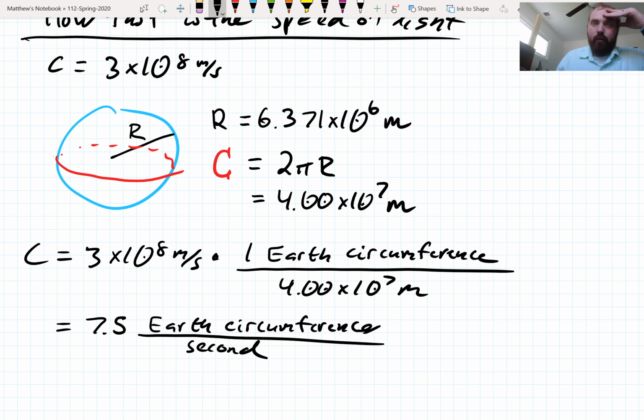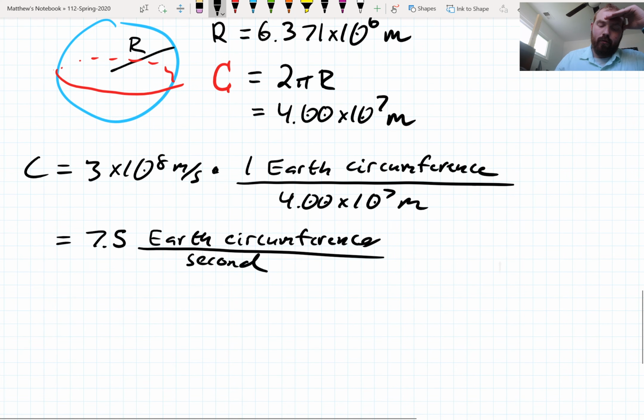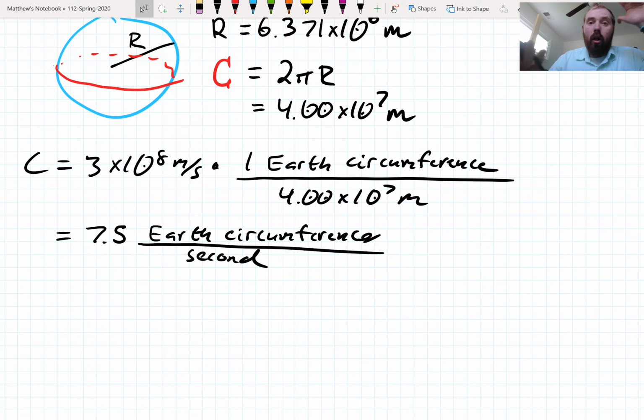Per second. All I've done is change the units on c. Instead of expressing it in meters per second, I expressed it in Earth circumferences per second.